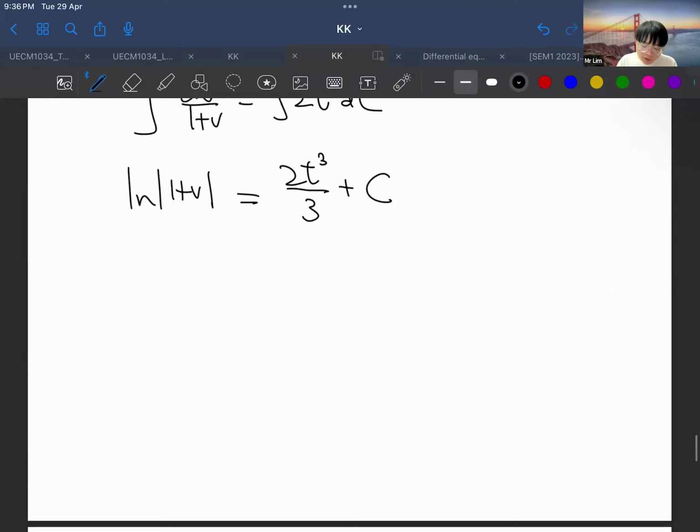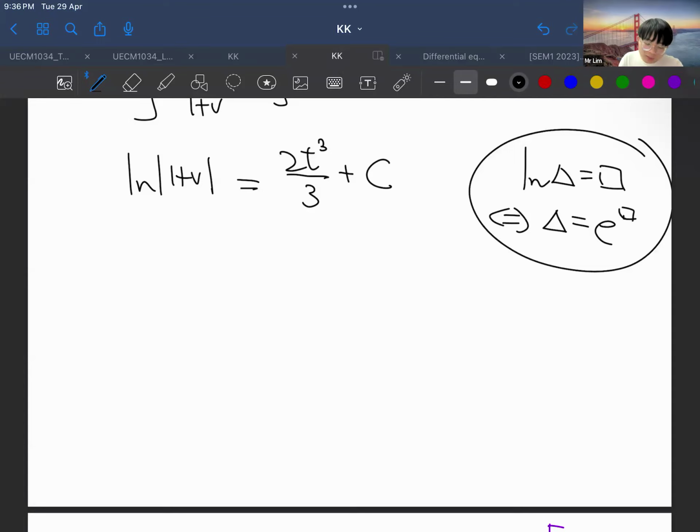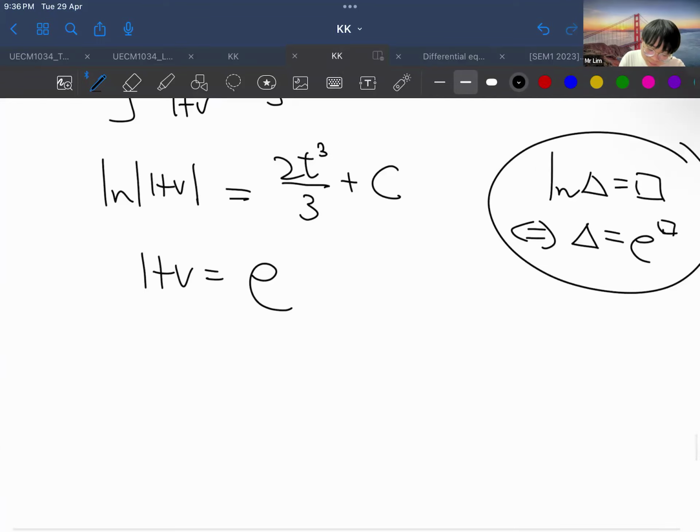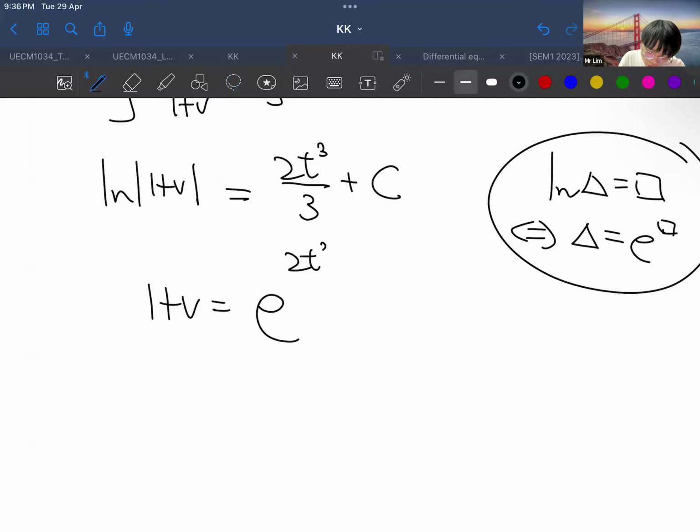Okay. So ln this one equal to this one, it means that the triangle is equal to e squared. Both are convertible. So 1 plus v is equal to the exponent of 2t cubed over 3 plus c.